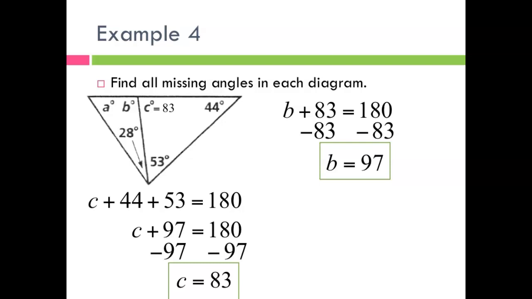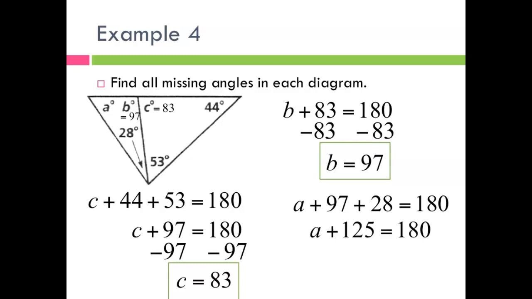Now lastly, we still need to find angle A. Since we have that B is equal to 97, and we're given that this angle here is 28 degrees, we can use those measurements to find angle A. So A plus 97 plus 28 is equal to 180. And then we have A plus 125 equals 180.